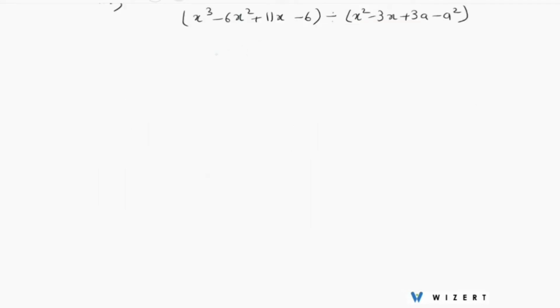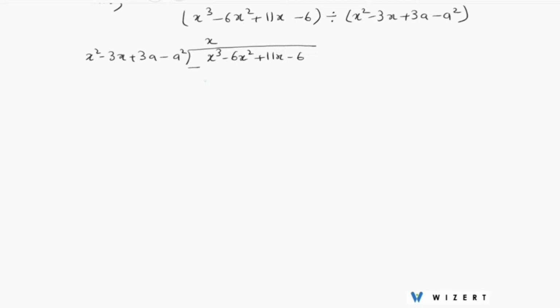So we have x cube minus 6x square plus 11x minus 6 divided by x square minus 3x plus 3a minus a square. So to cancel out the leading term, that is x cube, we'll have to multiply the divisor by x.